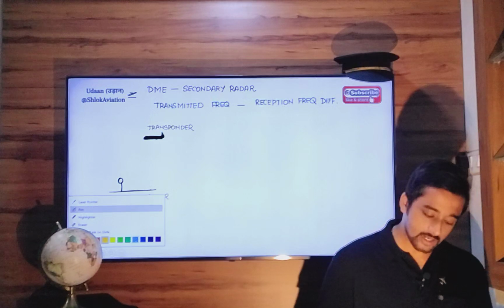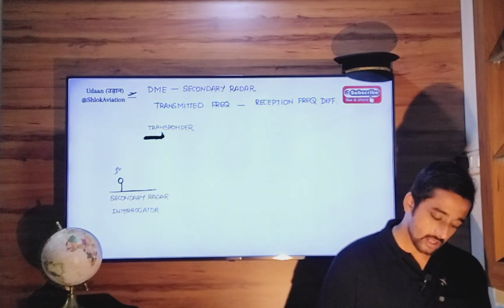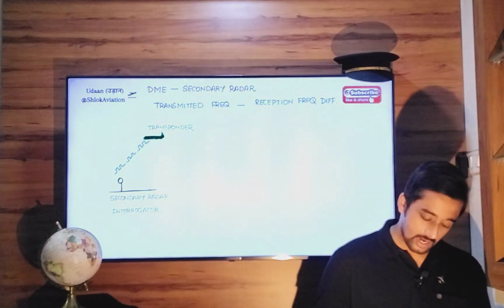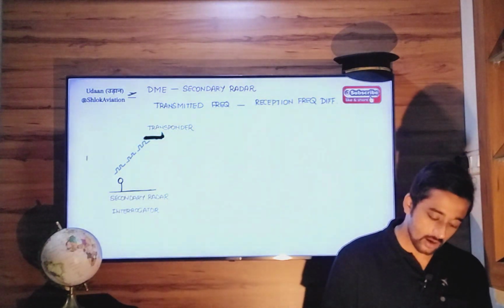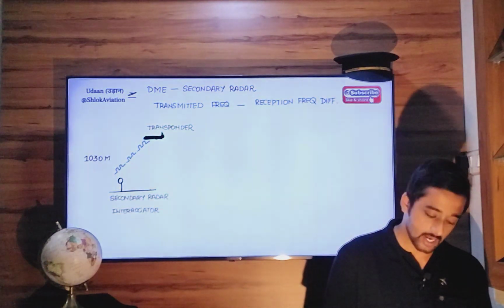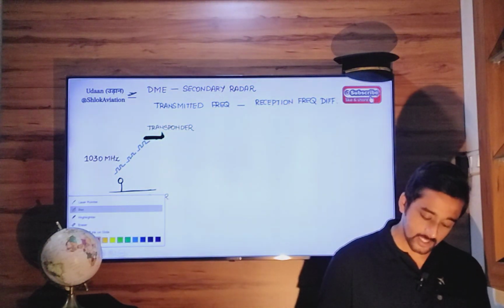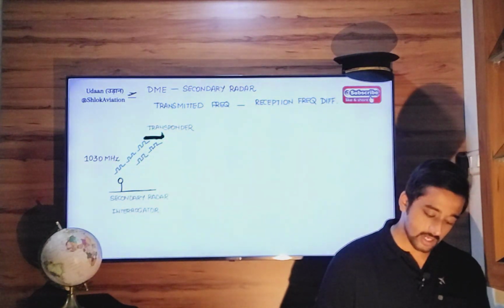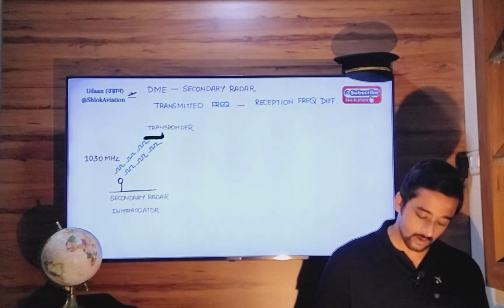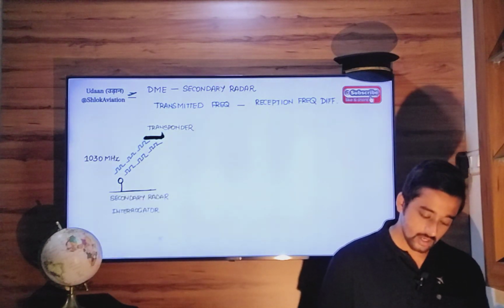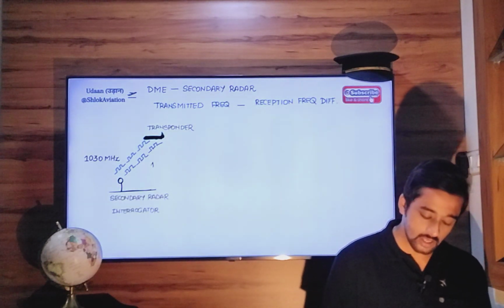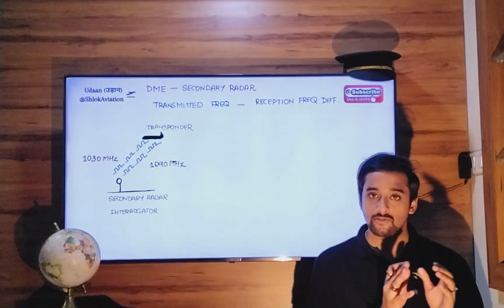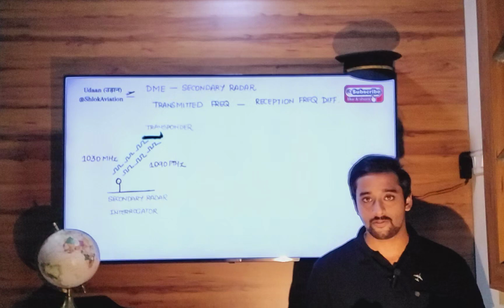Interrogator or secondary radar will transmit radio pulses in the direction of this target at a certain frequency, 1030 MHz. Aircraft will reply to this interrogation by transmitting another radio pulses in the direction of the secondary radar at what frequency? A frequency of 1090 MHz. Okay, so as you can see, interrogation frequency and reception frequencies are different.